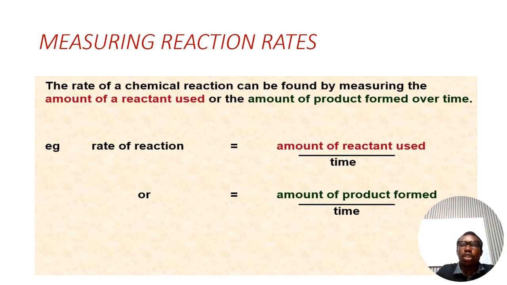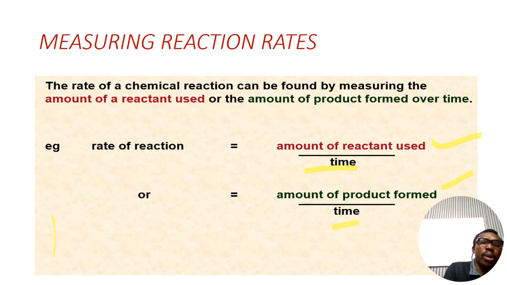You can monitor the rate of reaction by measuring the decrease in concentration of the reactant per unit time, or the increase in concentration of the product per unit time.